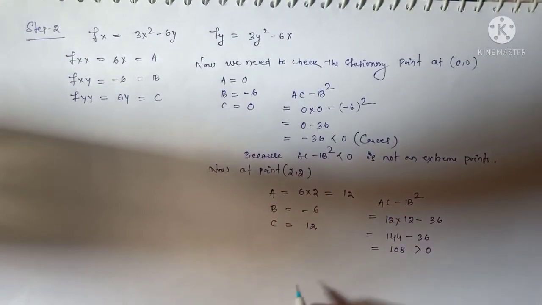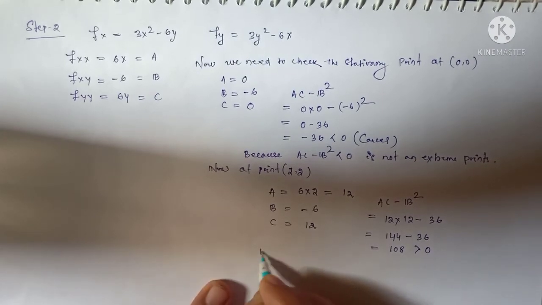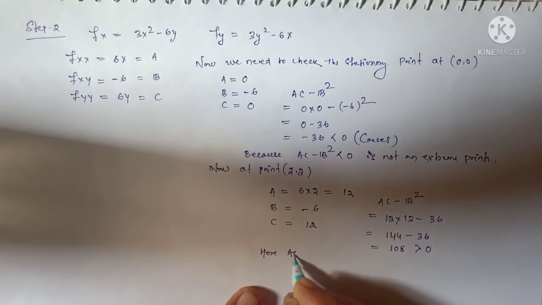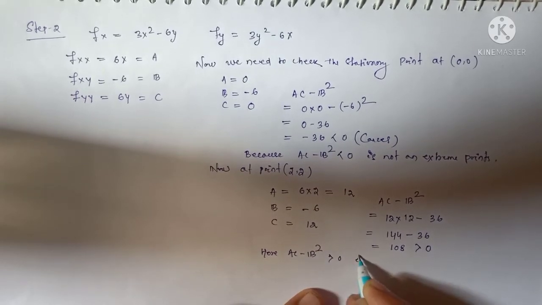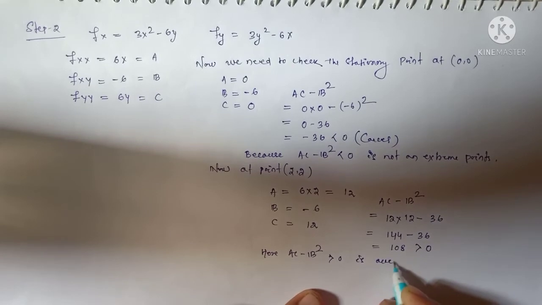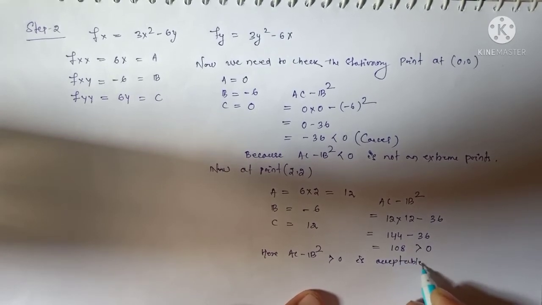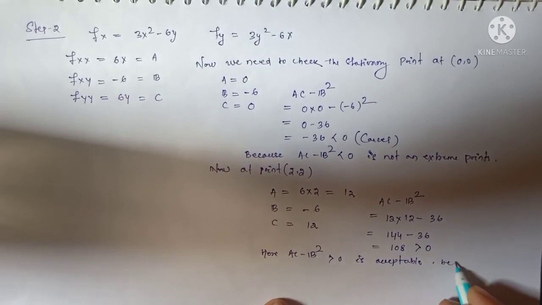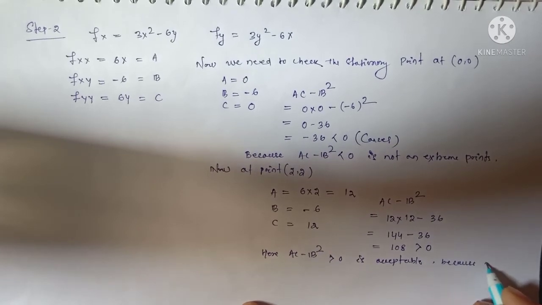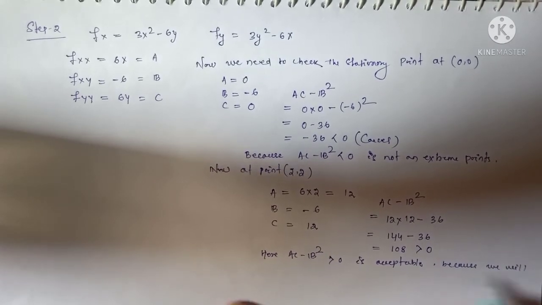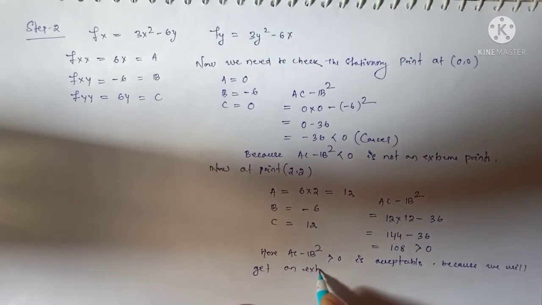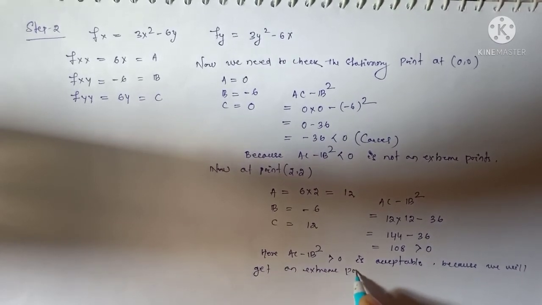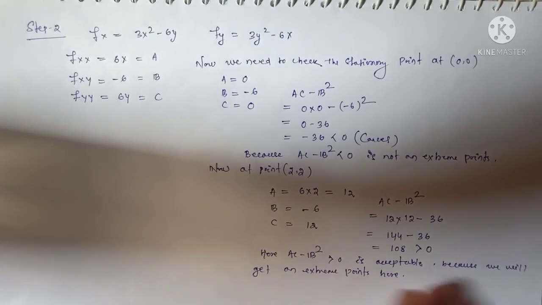Okay, so here we can write AC minus B square greater than 0 is acceptable, because we will get an extreme point here.